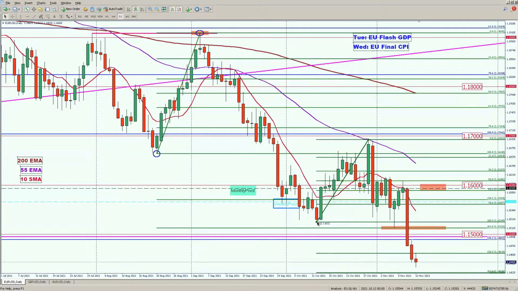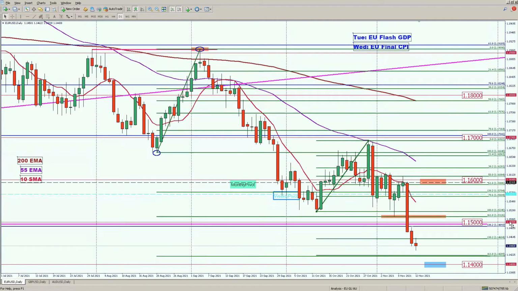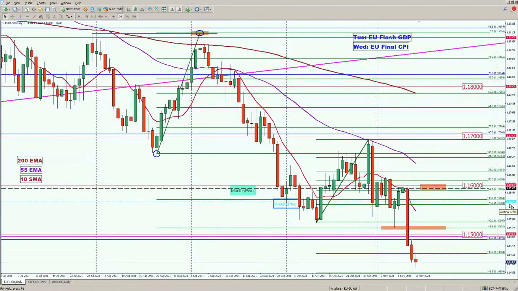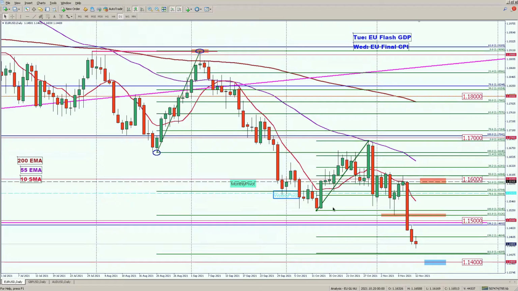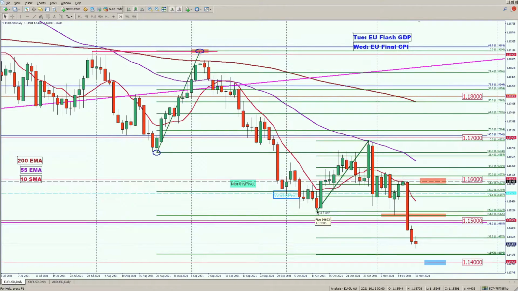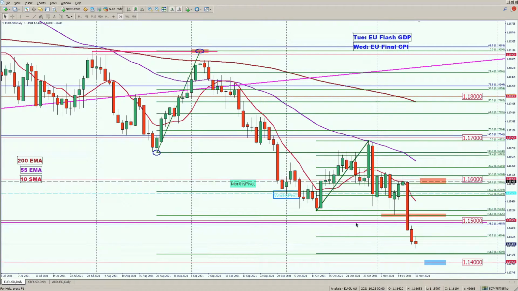But it was a fairly small range. So a more likely scenario here is the 162 fib extension, which has a confluence with the 200 fib of this reversal, down at the 114.20.